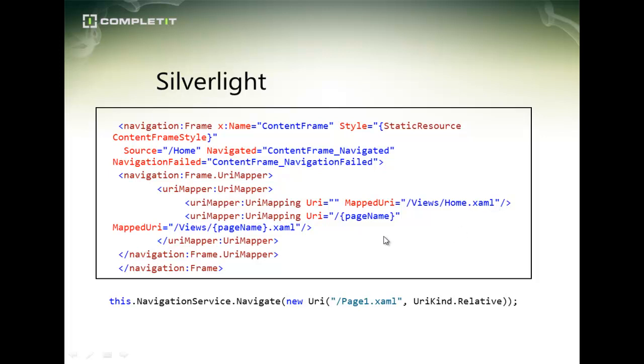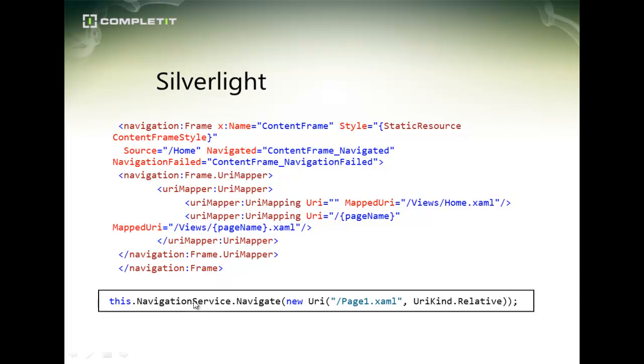And then of course if we had another one, we could map that to maybe a page named with a mapped Uri equals Views/PageName.xaml. And then of course we're just closing out a couple of other tags.